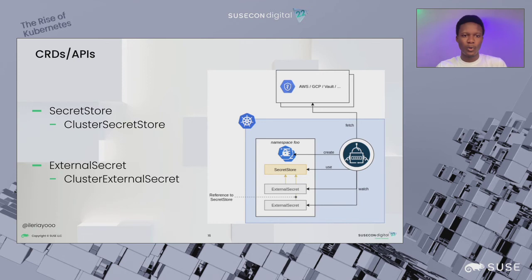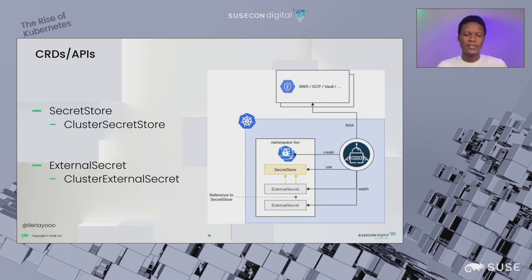The secret store defines how you access your external providers. For instance, AWS: how do you access your AWS? What region are you trying to get secrets from?